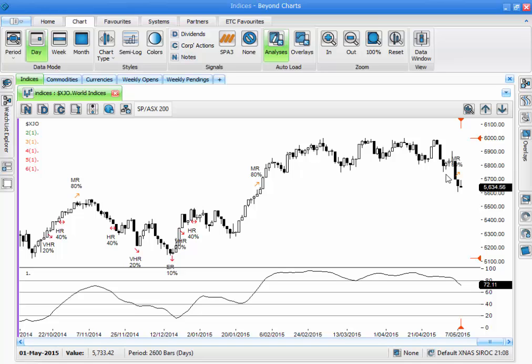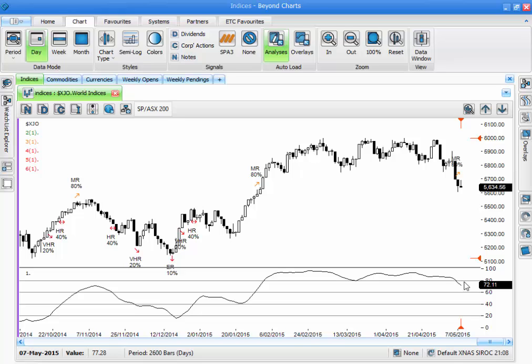Now that the stochastic has dropped below 80, we are in a moderate risk market, so we use an 80% market risk multiplier. 80% of your 15 brings that down to 12%. So if you're trading just Australia, you are allowed a 12% value at risk across your portfolio for the time being.